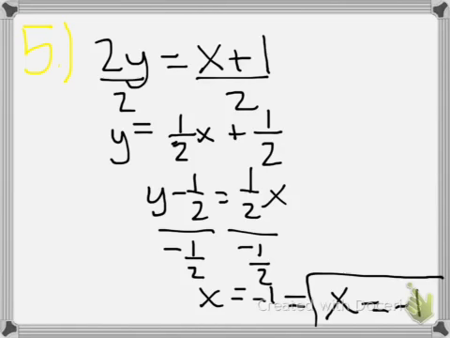Then we'll get y minus 1/2 equals 1/2 x. You divide both of those by 1/2, and you find that the x-intercept is negative 1. So the answer to problem 5 is x equals negative 1.